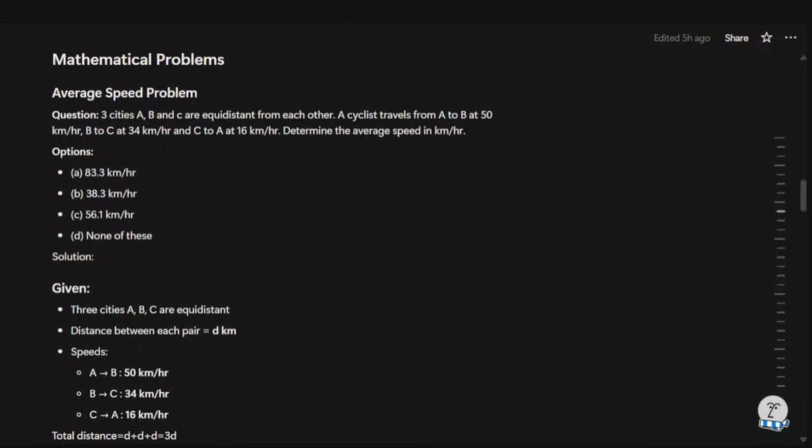Mathematical problems. Another thing I wanted to address was that there's a PPT that was shared with you for probability distribution. Make sure you try out every sum in there, because down to the numerical value that was in that PPT, it has come as it is in your question paper. So it's better you don't risk it and just solve it, or at least see how to solve it.